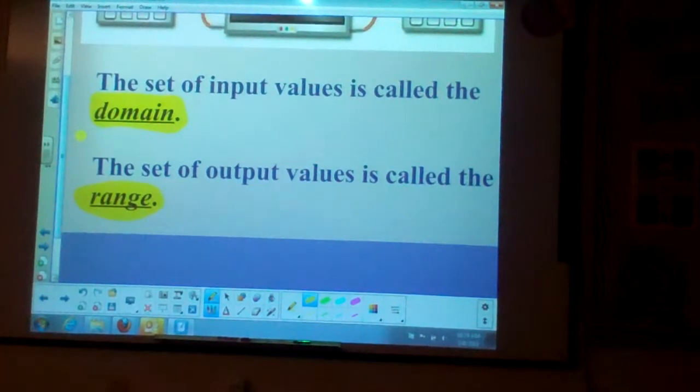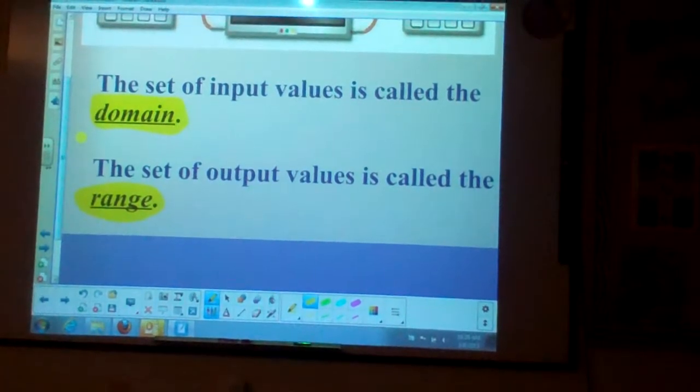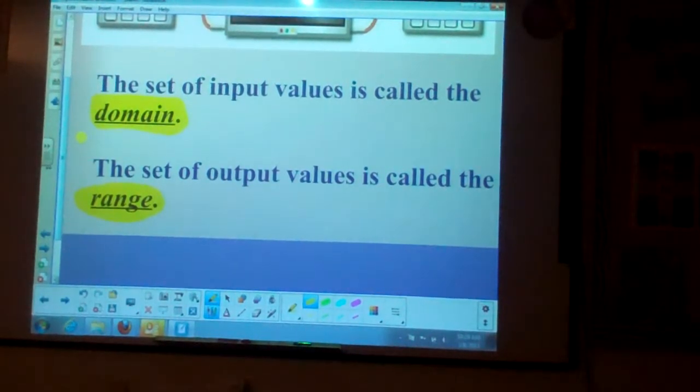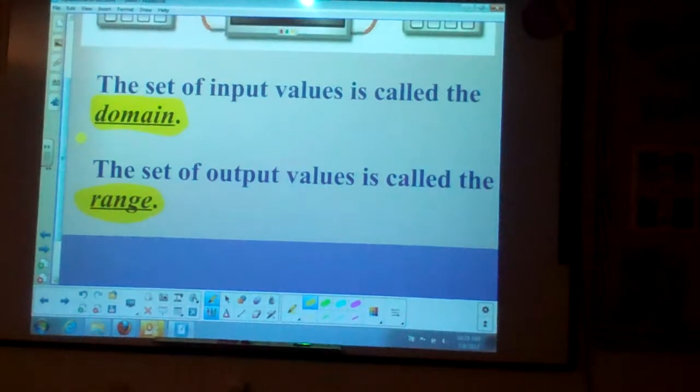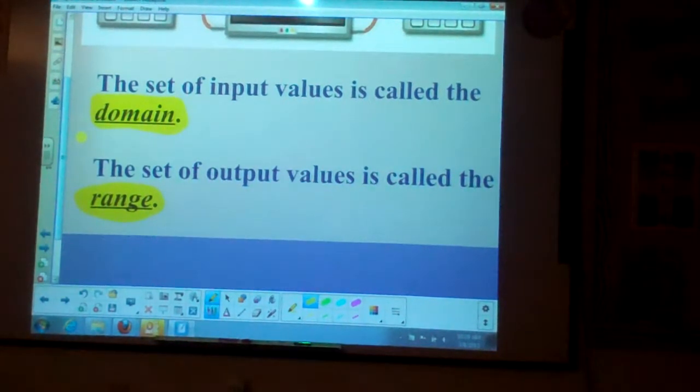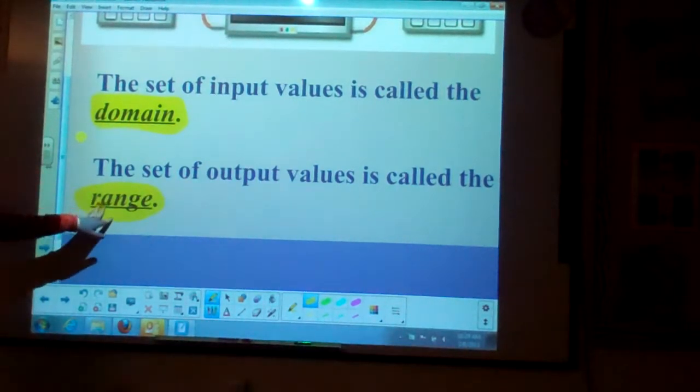Range can also mean, when you're talking about statistics, the highest value minus the lowest value. So input goes with domain, output goes with range.